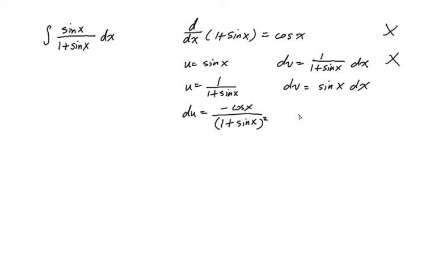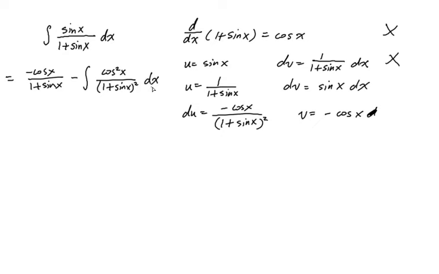And for v it will be just minus cosine x. So then this is going to equal uv, which is minus cosine x over 1 plus sine x, minus, so there's a minus, so it cancels out, and cosine x over 1 plus sine x squared dx.